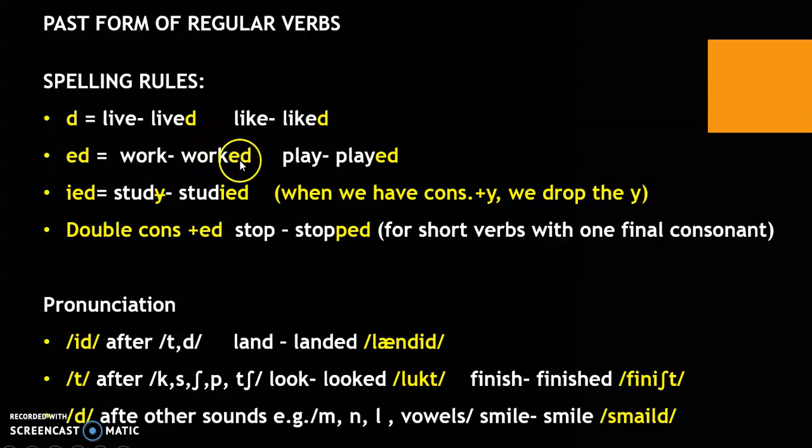We say worked, play, played. We add ied to regular verbs that end in final y, preceded by a consonant. This is the case of study. And in some cases, we double the last consonant and then we add ed. This is the case of stop. Stop, and then in the past, stopped.